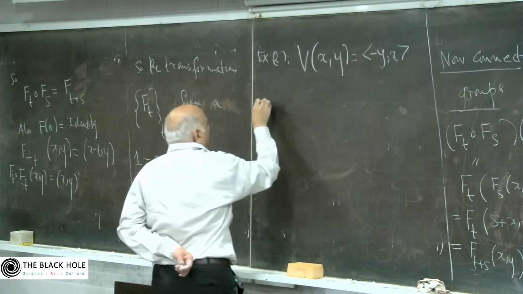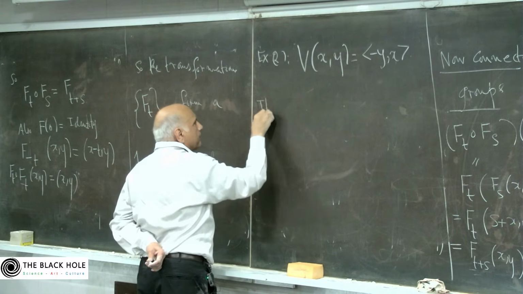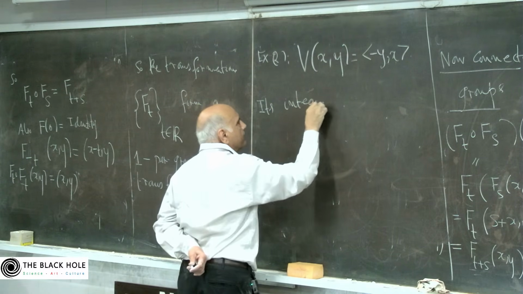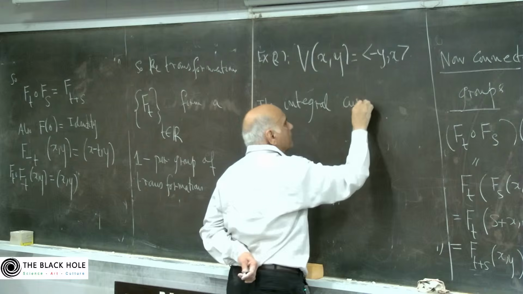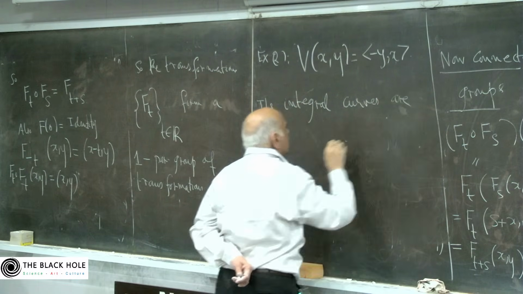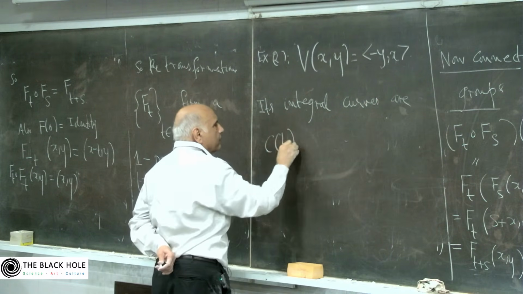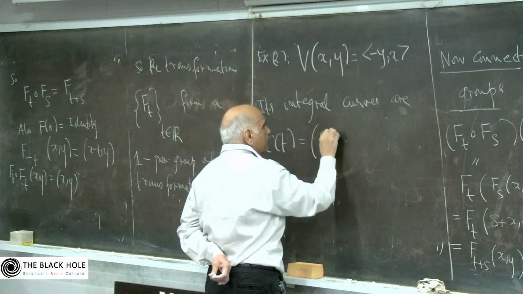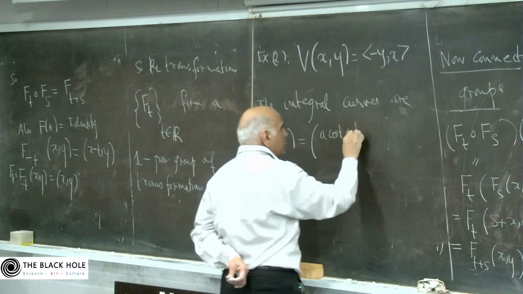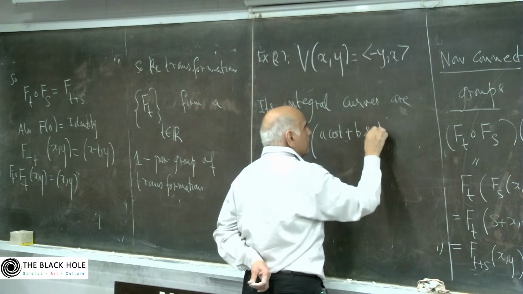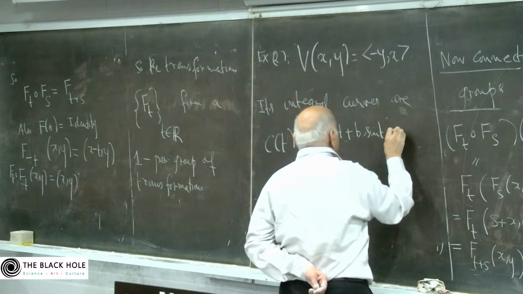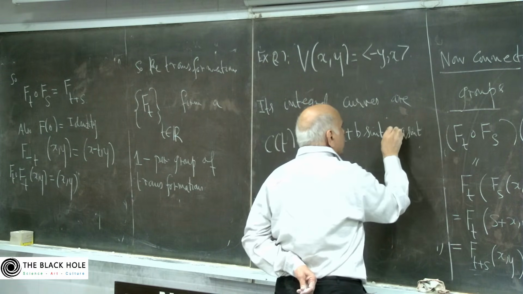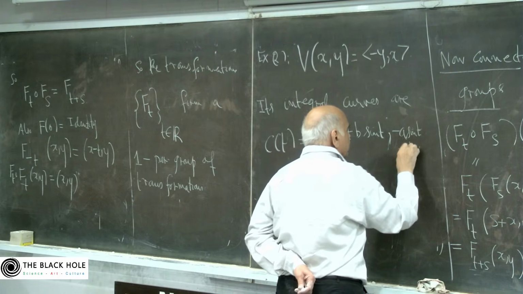Its integral curves are C of t equal to a cos t plus b sin t, and then minus a sin t plus b cos t.